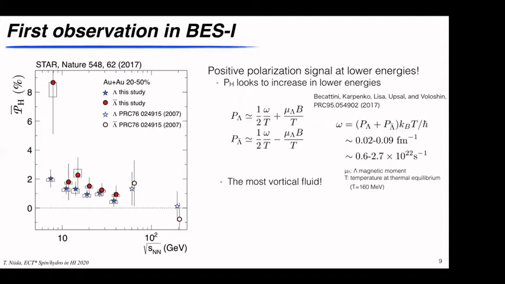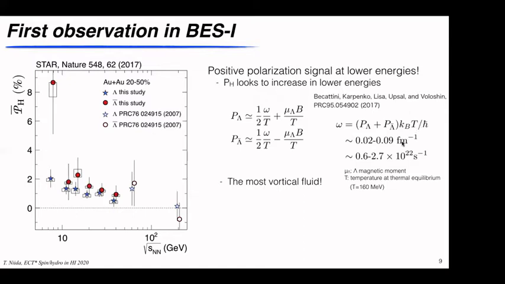So based on the local thermal equilibration model, the polarization can be decomposed into two components: the vorticity term and the contribution from the magnetic field. By taking the average of the lambda and anti-lambda polarization, one can roughly estimate the vorticity omega, assuming a certain temperature.